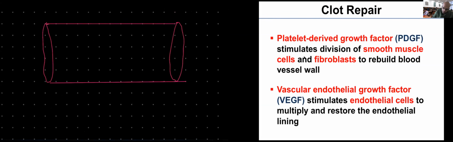If you remember, the inside of the blood vessel is lined with simple squamous epithelium, my endothelium, that got disrupted at the site of injury, where I've got the blood clot in here.